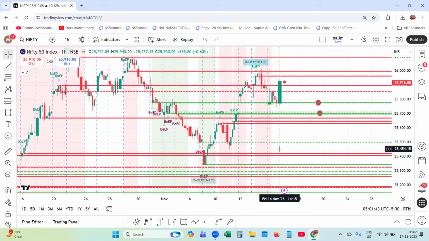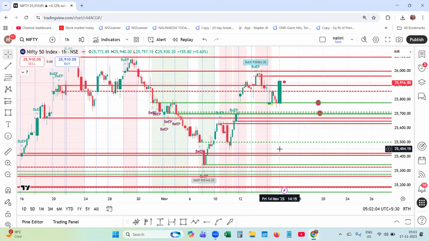I wanted a dynamic support and resistance level where the support is coming in the market on the live chart so that I can enter properly and time the market exactly. That's what I wanted in the market.